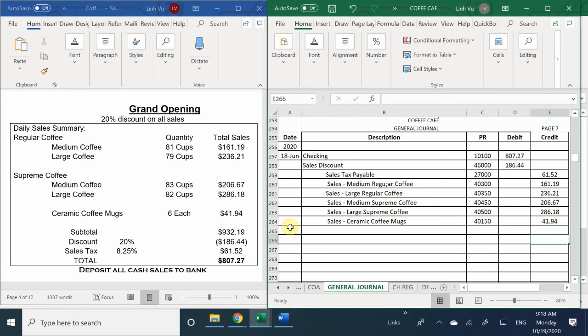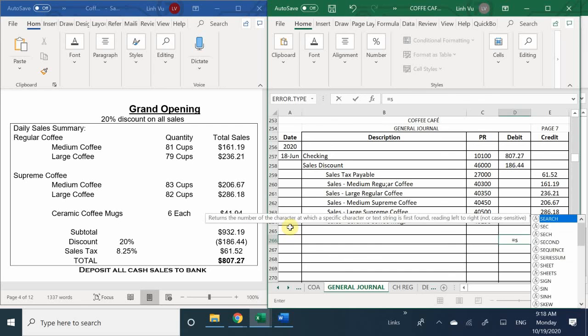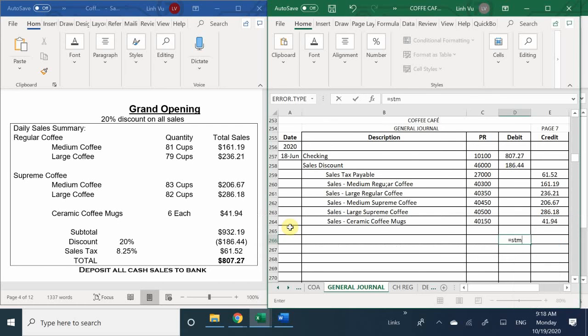I'm going to double check to see if they add up. Okay, so 993.71 on both sides. They match 100%. Good.